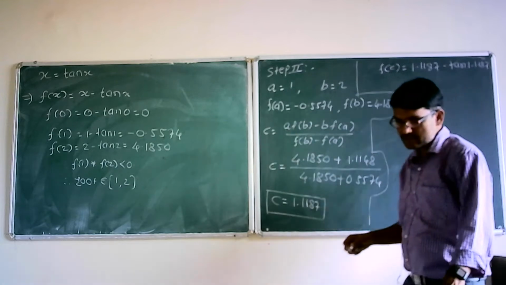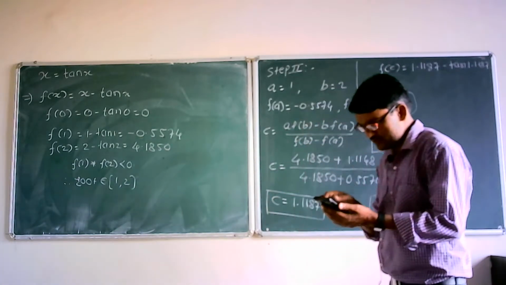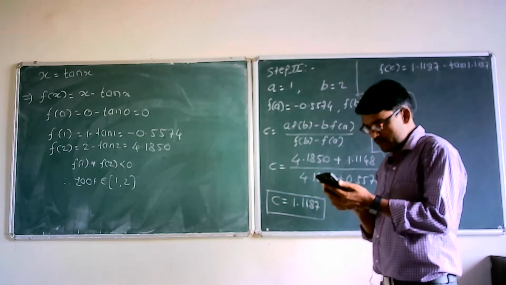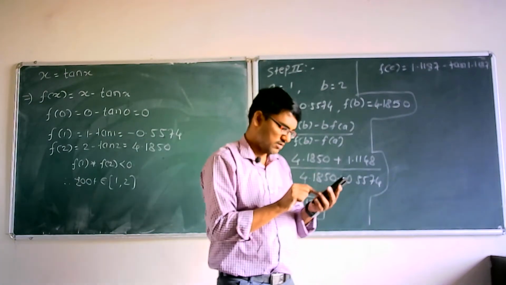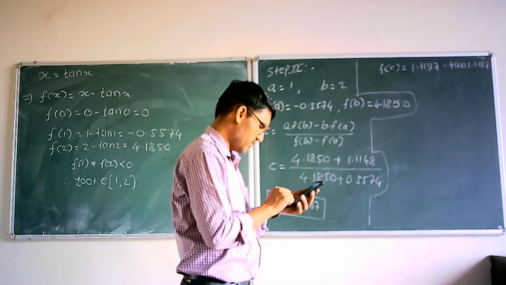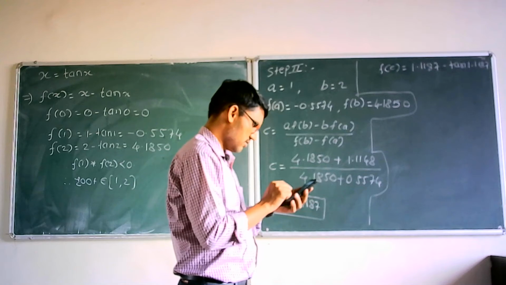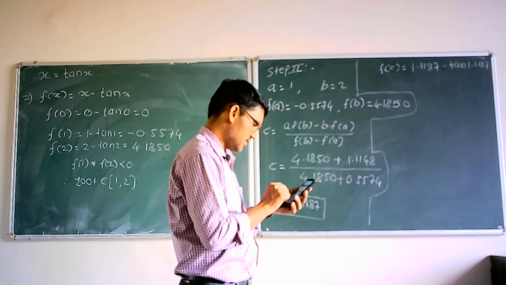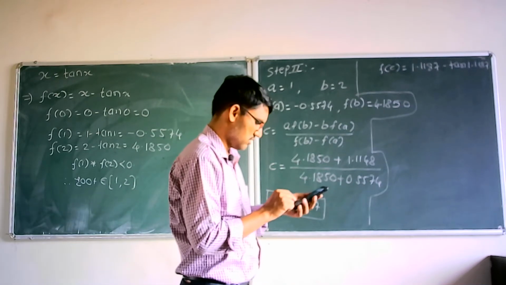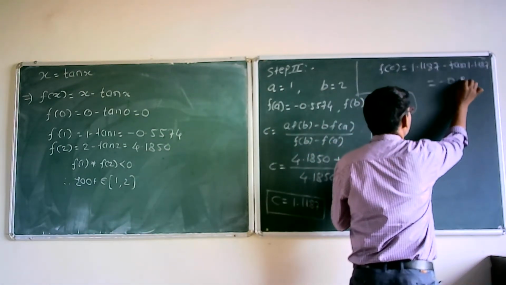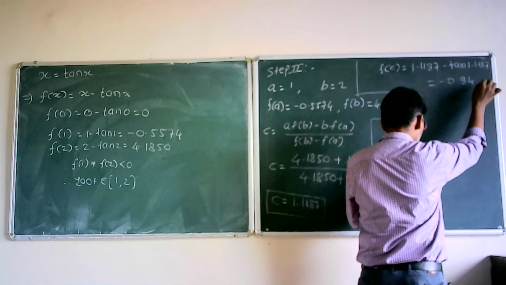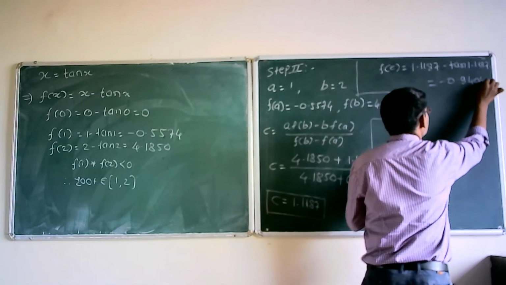So to solve this, you will get 1.1187 minus tan of 1.1187, which is equal to minus 0.9404. So it is less than 0.